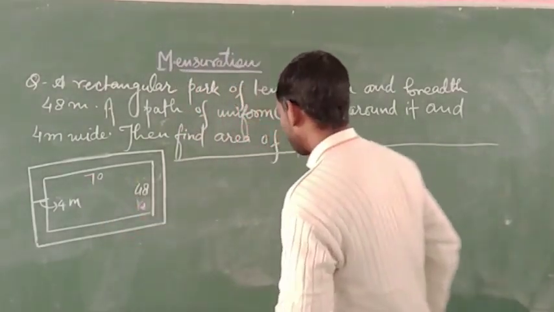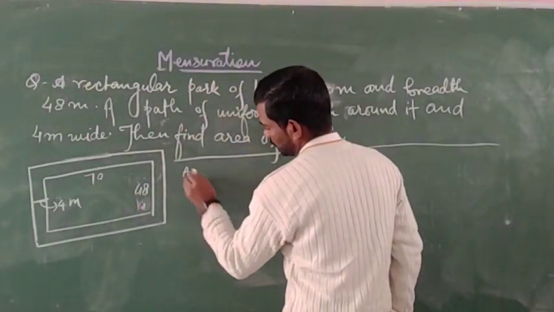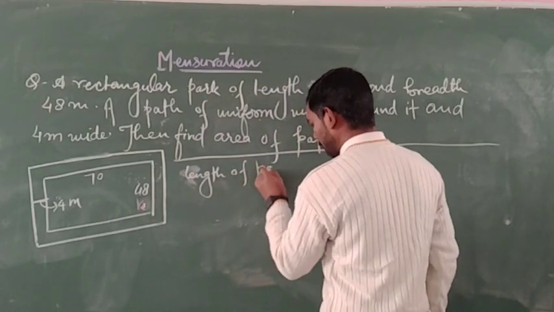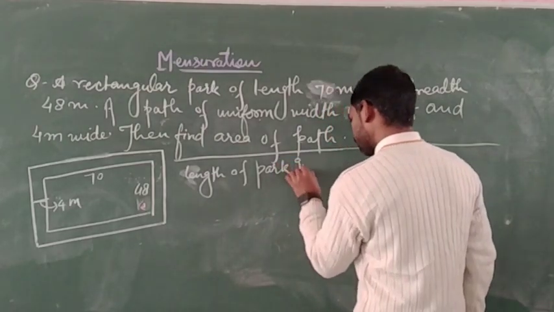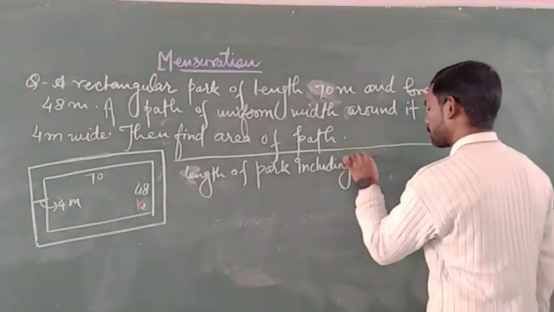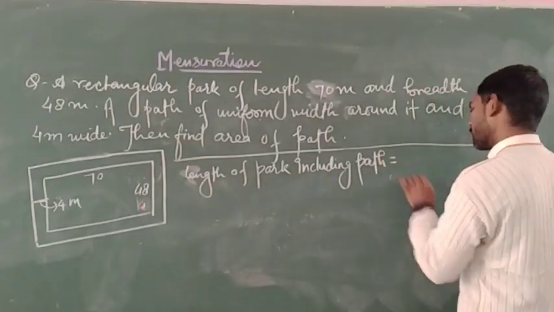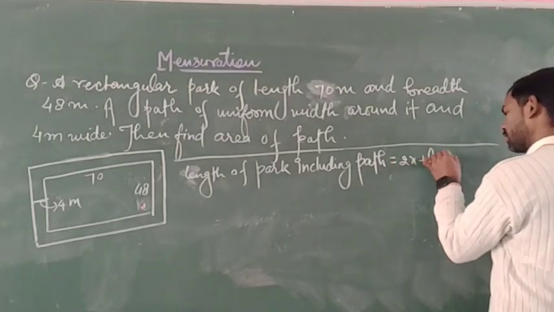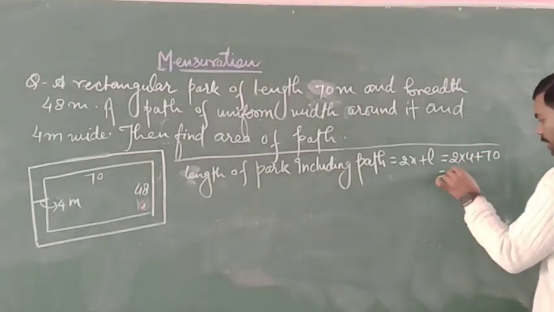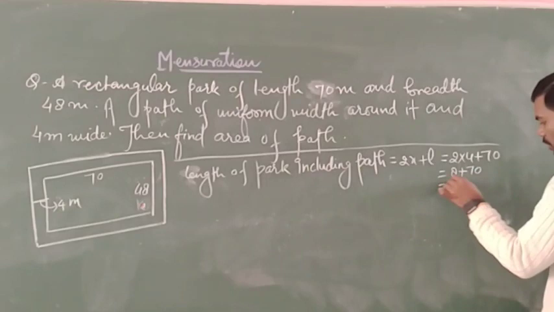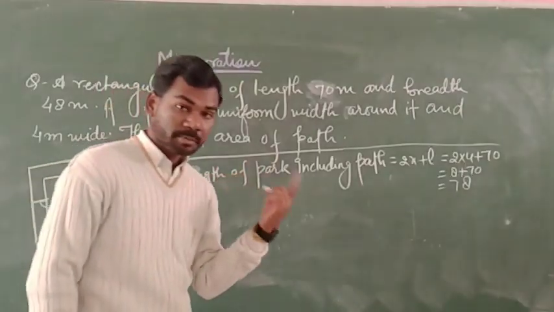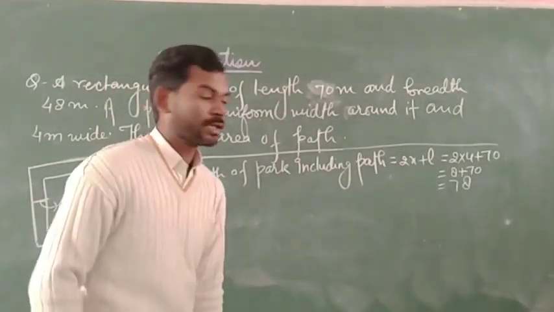So here we write length including path will be 2x plus L, and this will be 2 into 4 plus 70, which is 8 plus 70 is equal to 78. Therefore, the length including path is 78 meter.